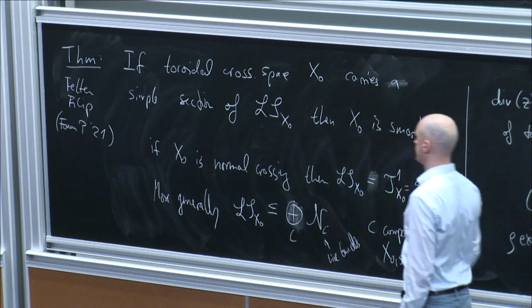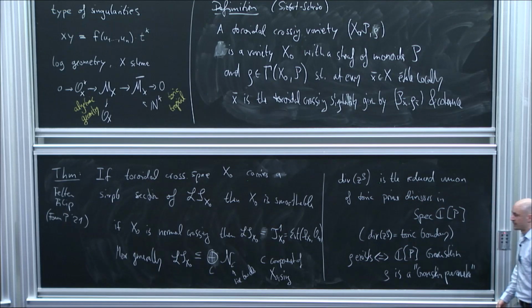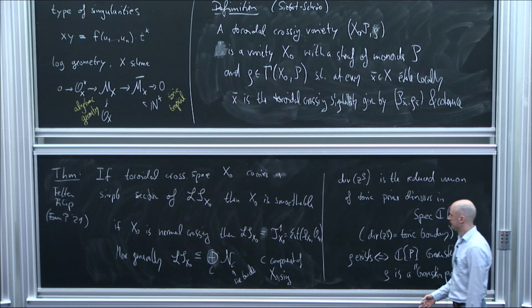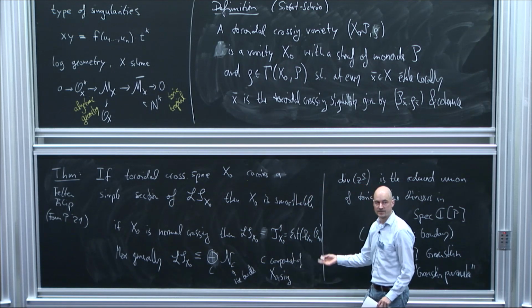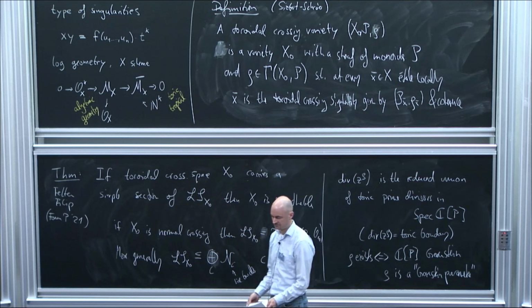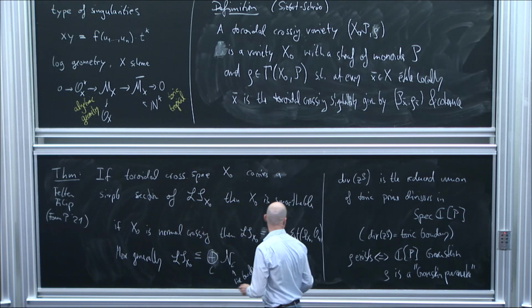So it's not so crazy. There's a line bundle on each component of the singular locus of your space, and the sheaf that classifies log structures is a subsheaf of that, given by some understandable condition. And so there's a nice way to smooth this.